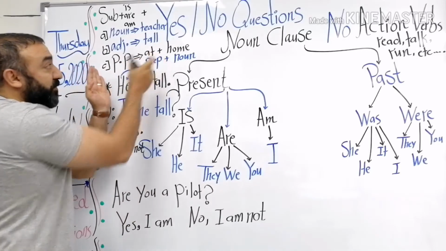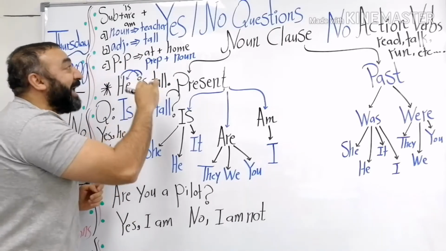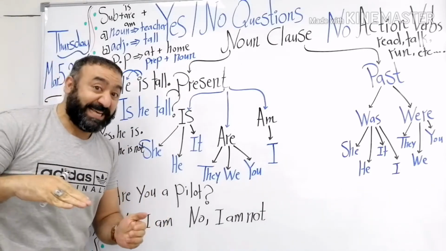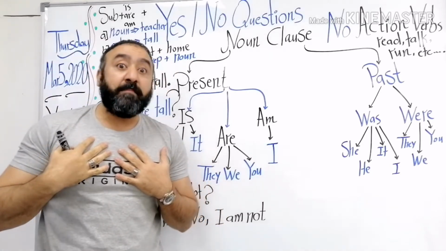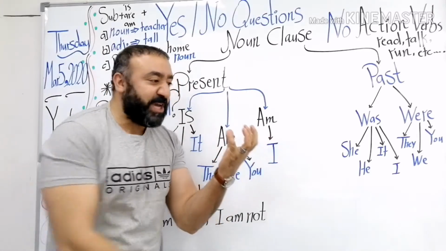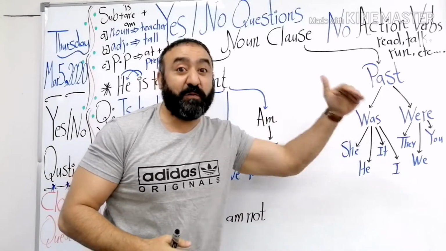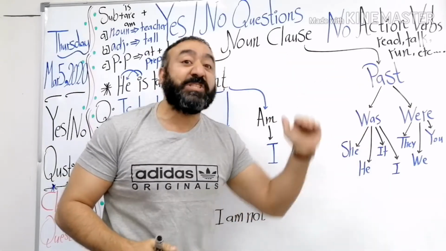So examples of prepositional phrases are at home, at school, under the table, above the desk, and so on. For example, we can say, I am in class. This is a noun clause. I is the subject, am is the linking verb, and then the prepositional phrase: at school, in class, or at university.